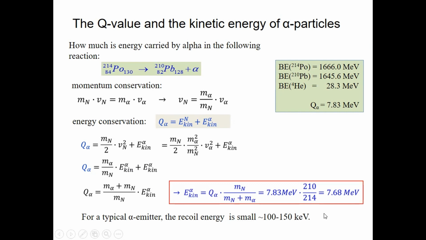The daughter element is not carrying much energy, but the majority of the energy is carried by the alpha particle. Also, one Q value produces one energy, so monoenergetic alpha particles are observed.